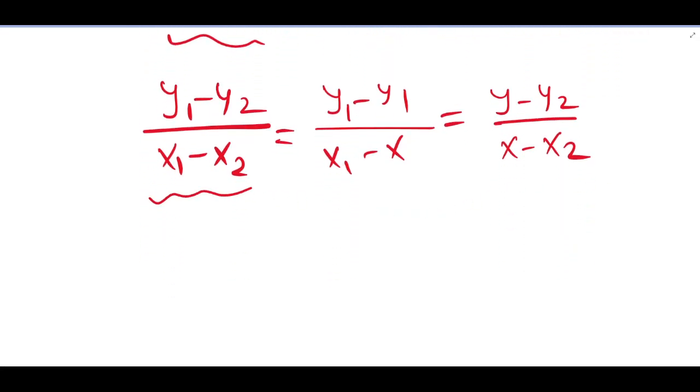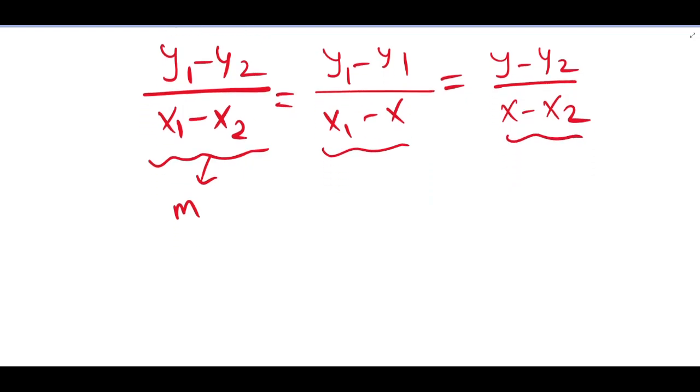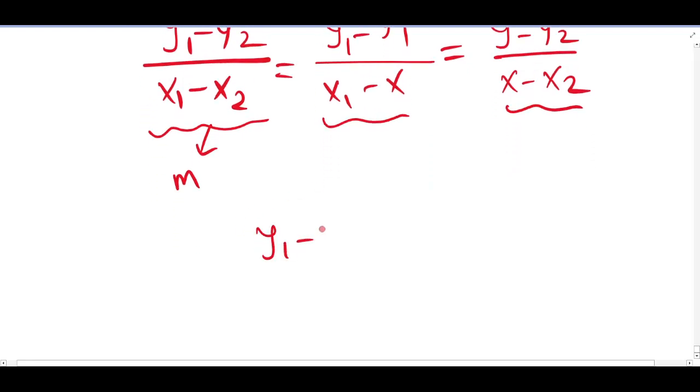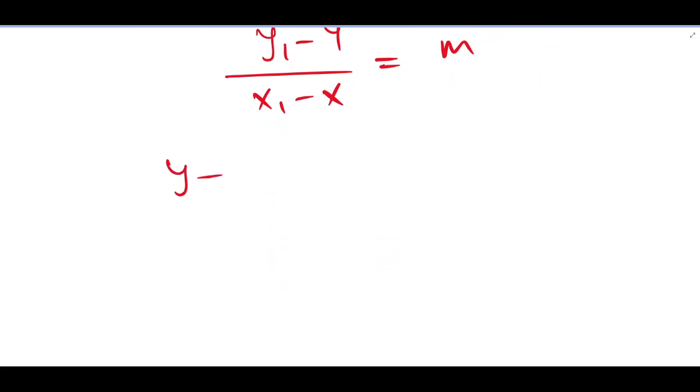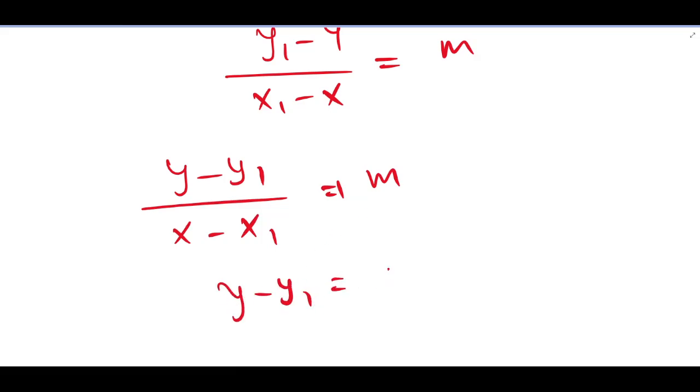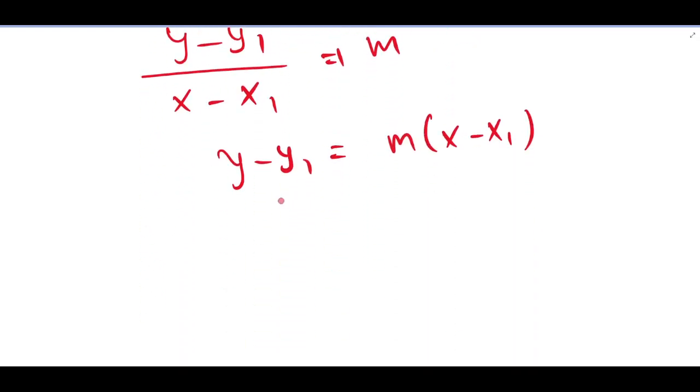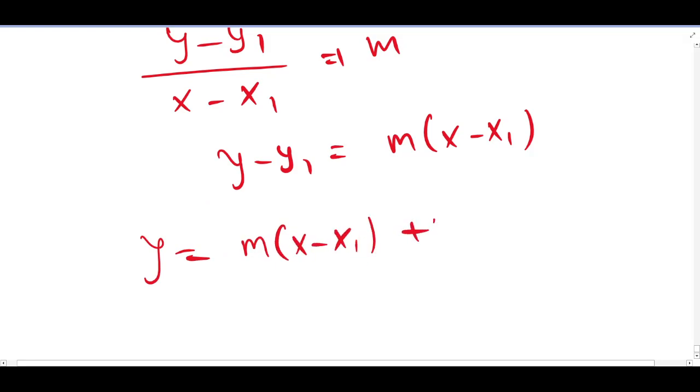We can call this m, and we can take any form. Suppose y1 minus y divided by x1 minus x is equal to m, or y minus y1 divided by x minus x1 is equal to m. So y minus y1 is equal to m(x minus x1). So y is equal to m(x minus x1) plus y1.